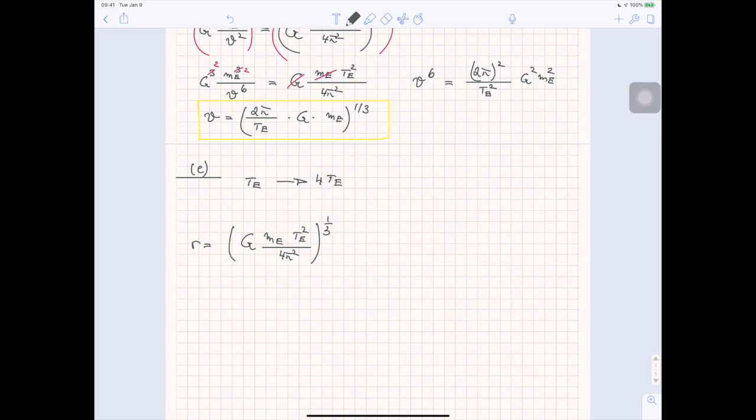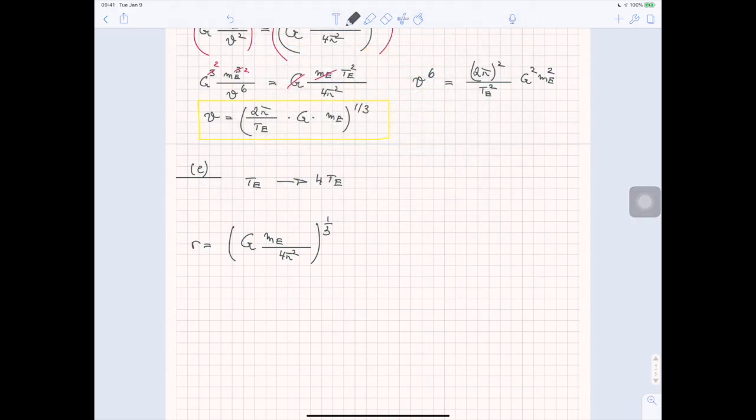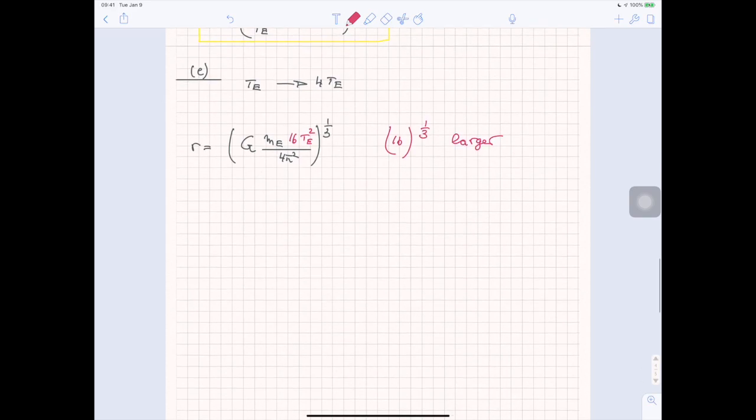So 4Te and the whole thing squared would be 16 Te squared. Therefore there's a factor 16 to the power of 1/3 larger for r.